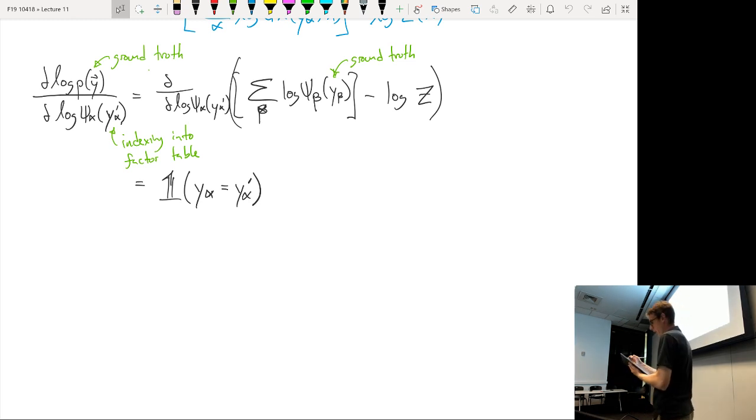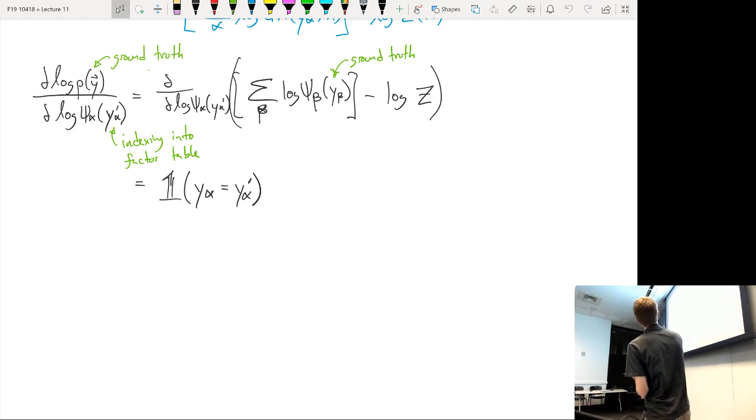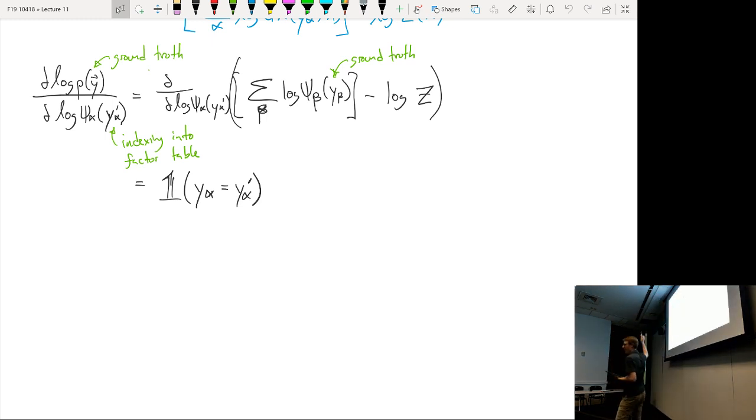All right, so now, question. So why does y alpha have to equal y alpha prime? Because alpha is just telling us which table we're looking at, and y alpha prime is telling us which cell we're taking the derivative with respect to. So another way that we could have done this, we could have done this with matrix calculus. In that case, we would have been taking derivatives with respect to log psi alpha, the whole factor.